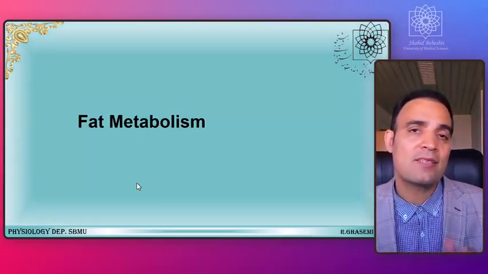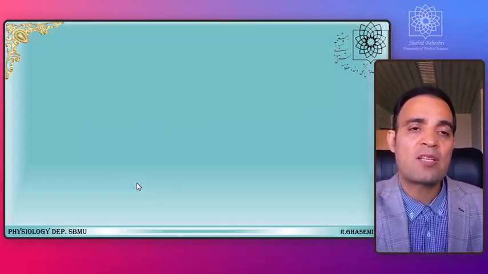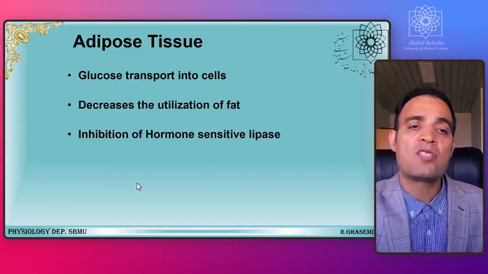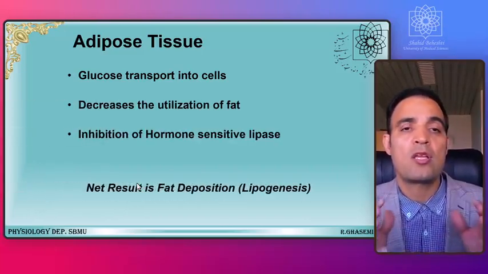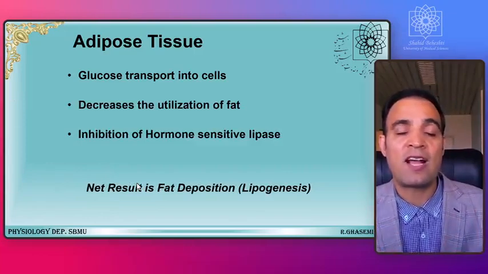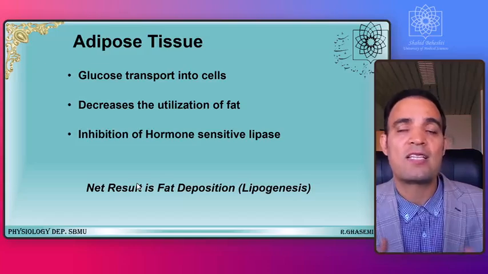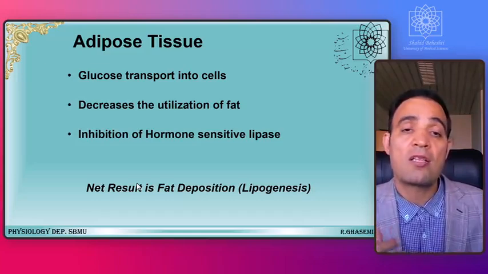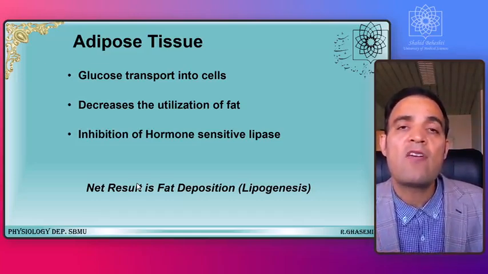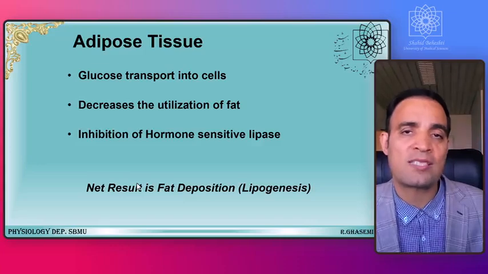The next item that we have in our food is fat, and for fat metabolism, the adipose tissue is the most important part. Glucose transport into the adipose tissue is stimulated by insulin. Therefore, we say that insulin stimulates the glucose uptake by adipose tissue. On the other hand, when we have lots of glucose, there is no need for fatty acid to be used as energy.